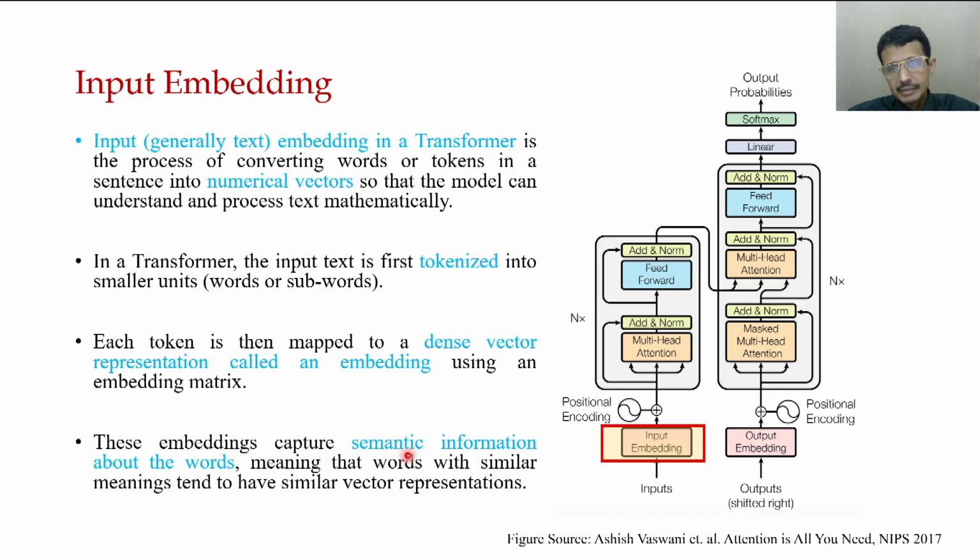These embeddings capture the semantic information about the words, meaning words with similar meanings tend to have similar vector representations. So for a sentence, we first split it into tokens, and each token, that means each word, is converted to numeric values, so that this dense vector representation can capture the semantic information about the words. That is called the input embedding.